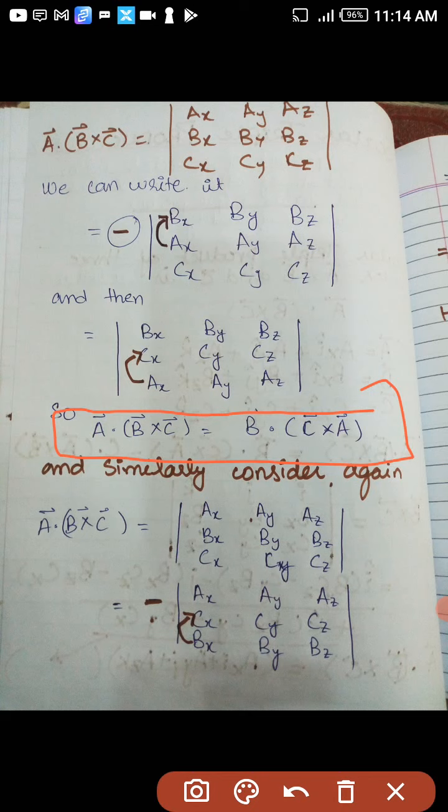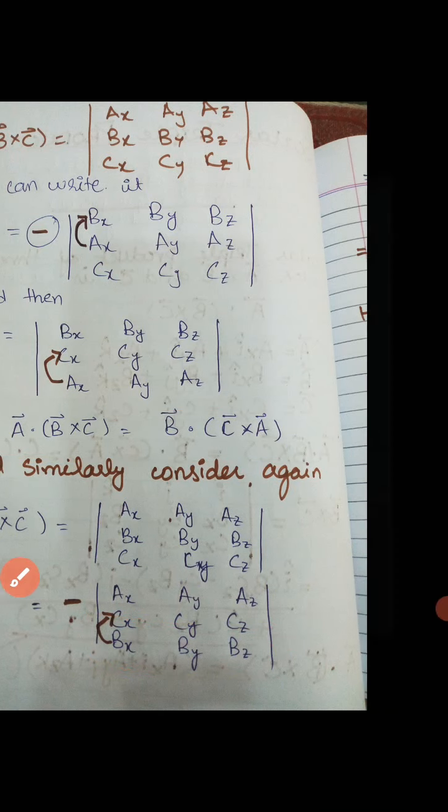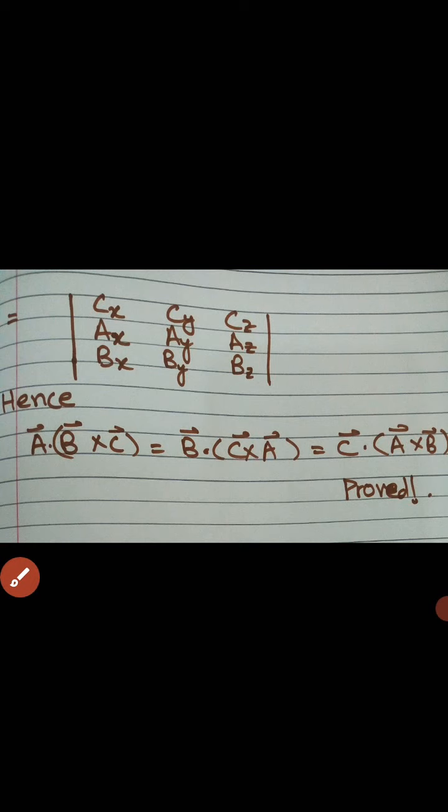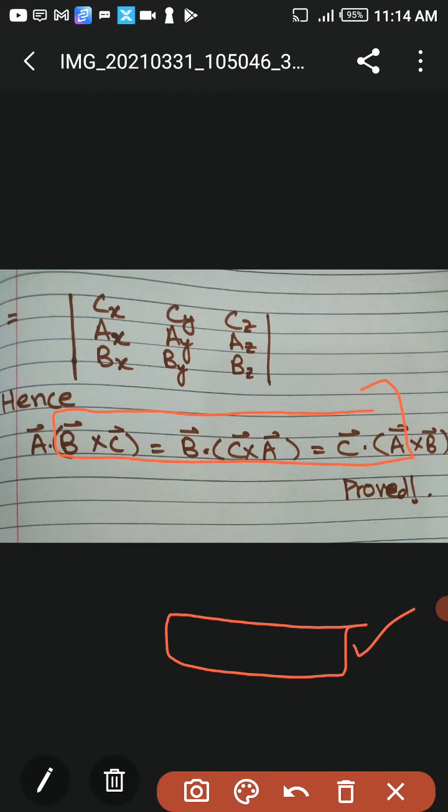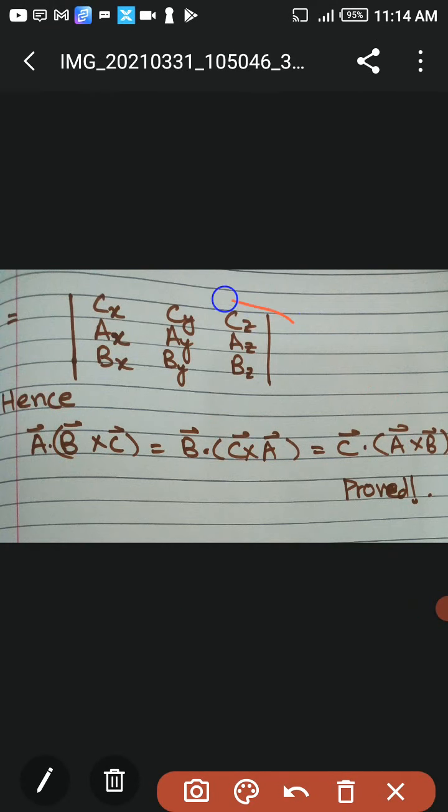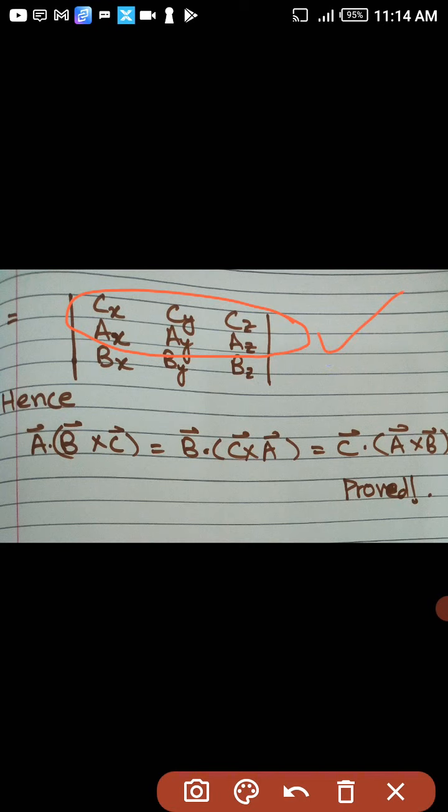Firstly the places of B and C will be replaced, and in the next term I just replace the other two terms, C and A. By replacing C and A, the minus sign will be removed and the positive sign will be there, and hence I will prove A dot B cross C is equal to B dot C cross A, which is equal to C dot A cross B.